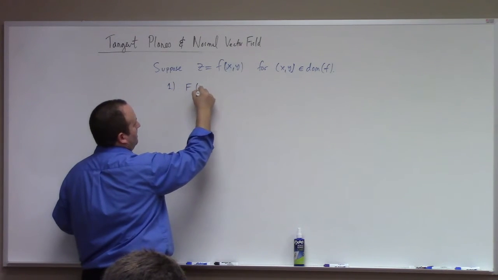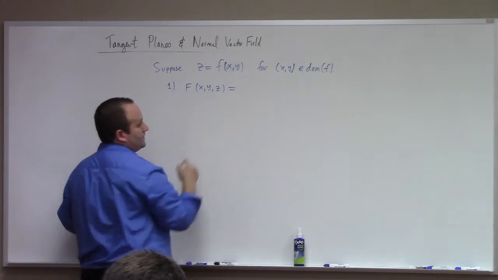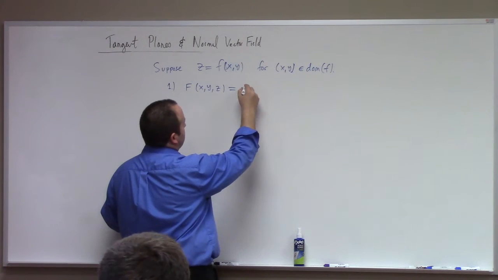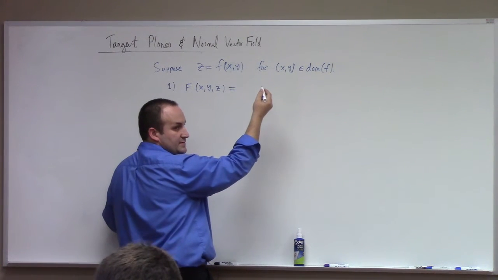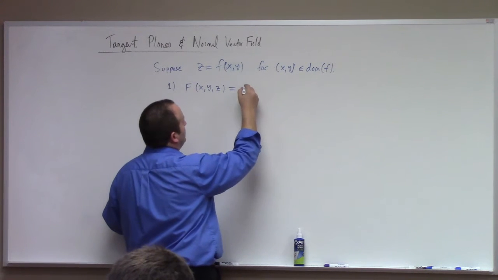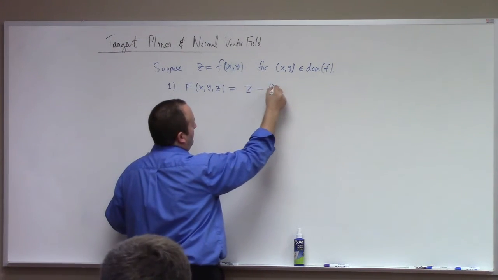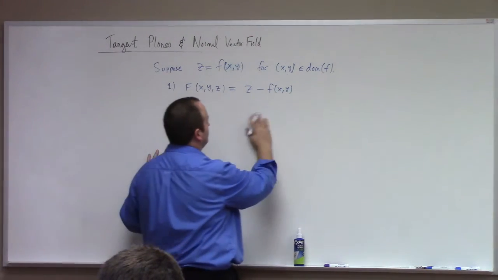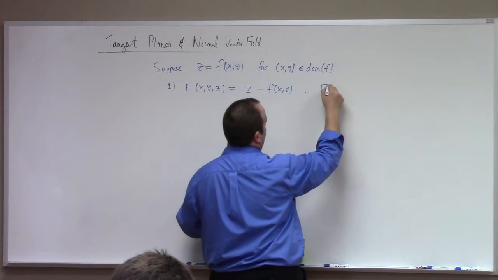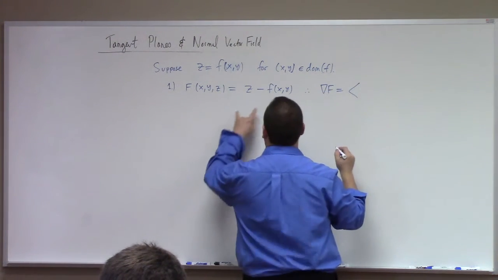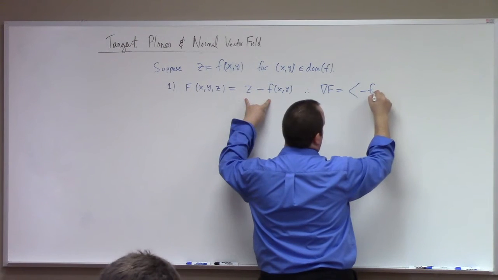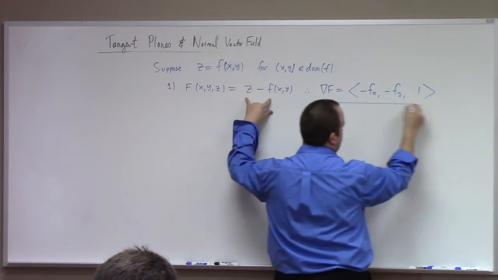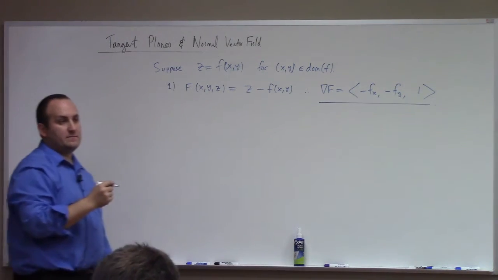You've got two choices: z minus f, or f minus z. I'll do this. So then what's the normal vector field? Minus f_x, minus f_y, 1. There you go. That's the normal vector field to the graph.